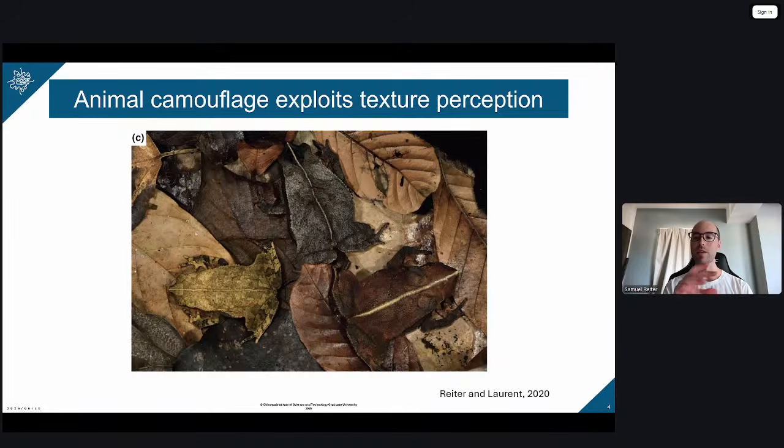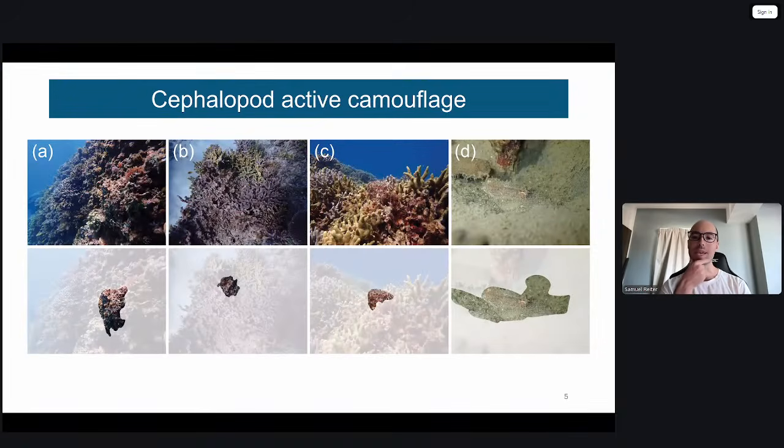So I think that the fact that we see camouflage across the animal kingdom tells us that visual texture perception is also present very widely across animals. Now, the best camouflage by far in animals is found in the cephalopods. These are the coleoid cephalopods: octopus, cuttlefish, and squid.